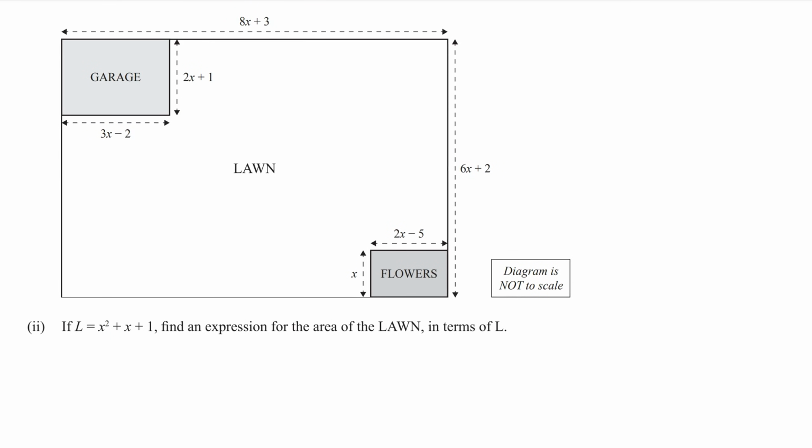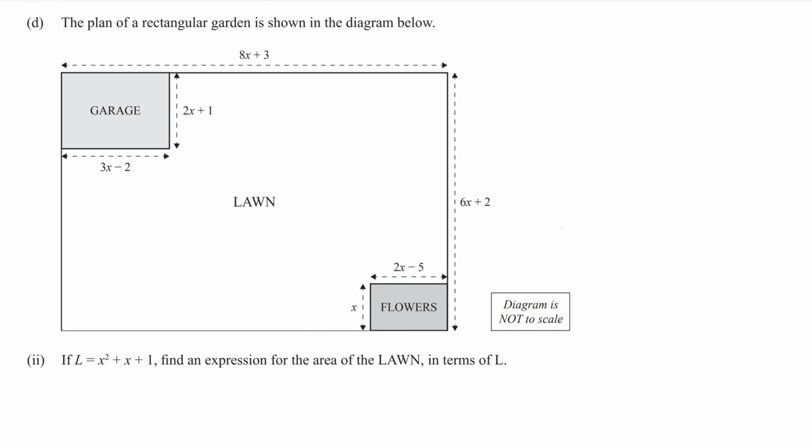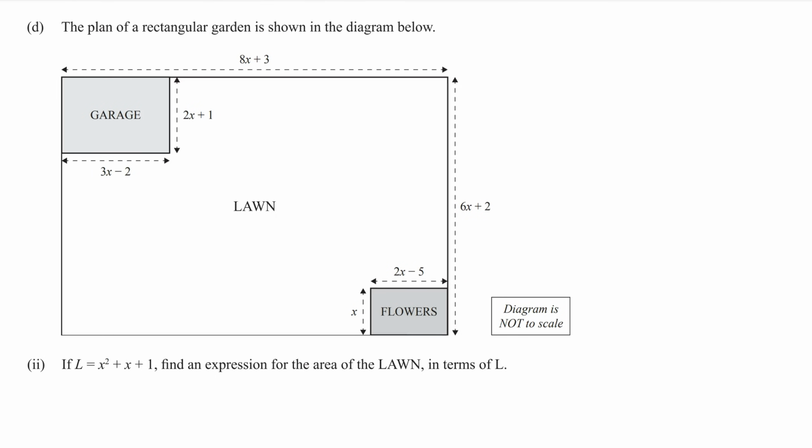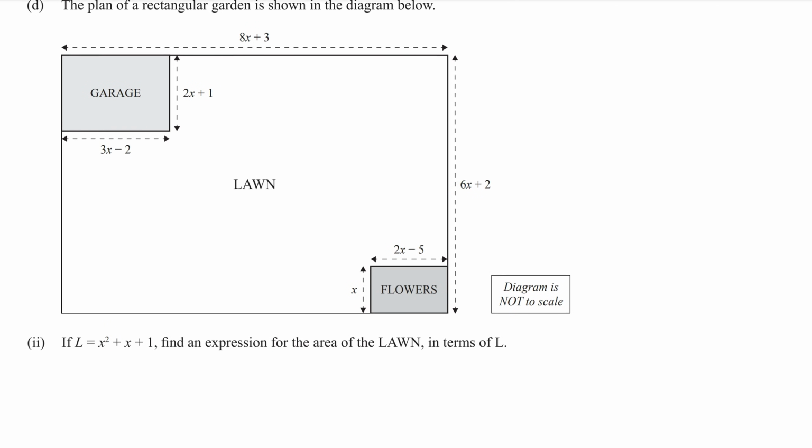So with the area of the lawn, here's the thing. Again, if you had done the rectangle that I had actually taught you before, then you know this. Actually, we don't even need to worry about that one. I just realized we can just look at it and do it straight away from here. Because to find the area of the lawn, we've got the area of the big rectangle minus the garage minus the flowers.